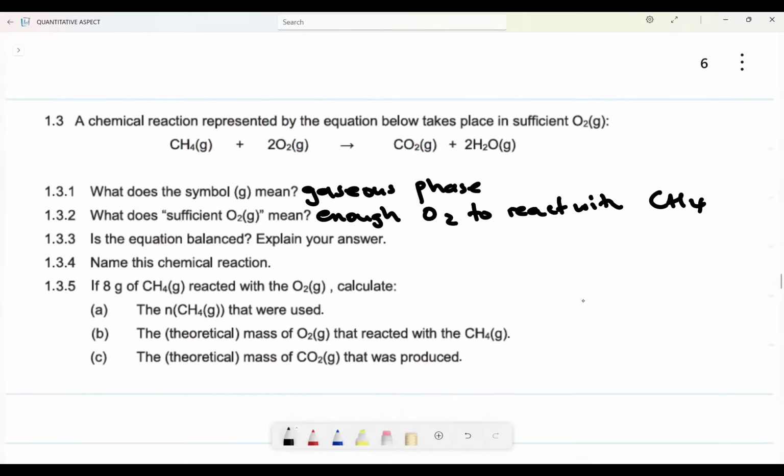So the answer is yes. Why? There are 1 carbon, 4 hydrogen, and 4 oxygens on both sides. They won't ask you this question.